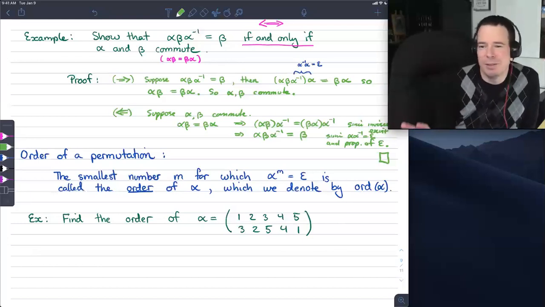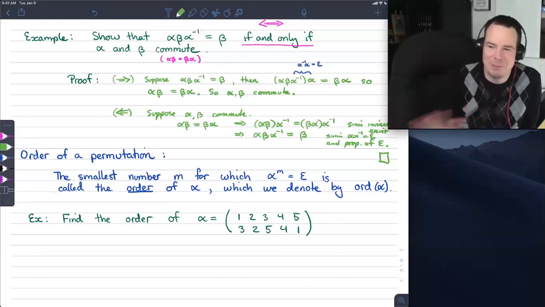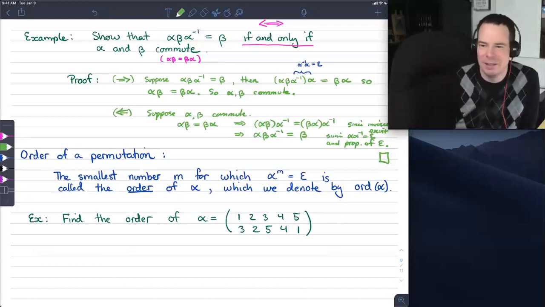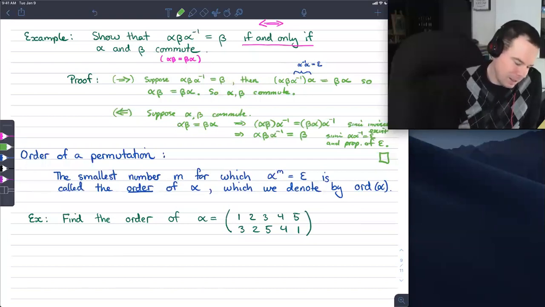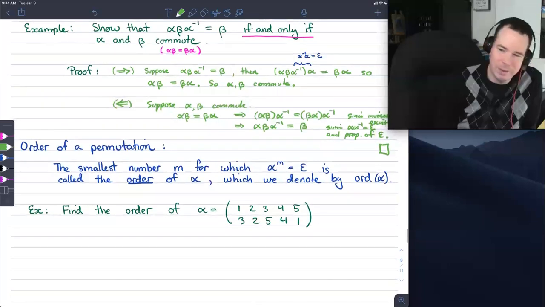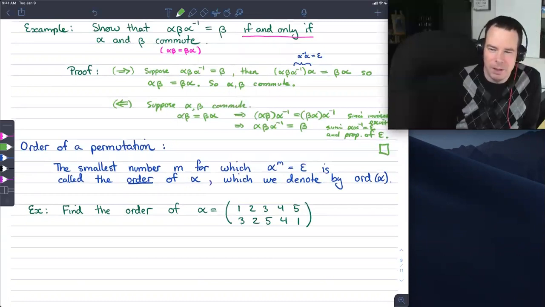I'm front loading this. I'm saying this is really important. But at this point in time, we will uncover it later on, and you will see why it's important. But for right now, we just noticed that this is related to being able to commute. And so what that means is the only time alpha, beta, alpha inverse is going to be interesting is when alpha and beta don't commute.